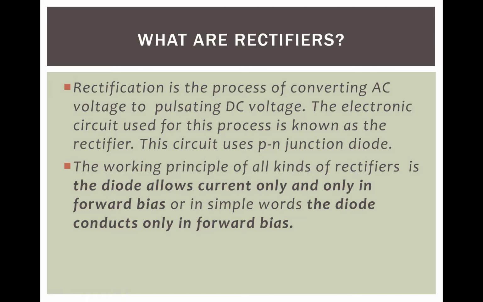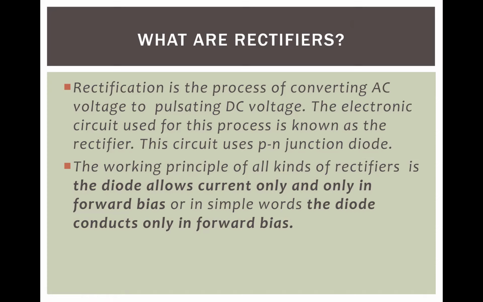Coming to rectification, in this slide we see that rectification is nothing but the process of converting AC voltage into pulsating DC voltage. The main component used here is the PN junction diode. The PN junction diode plays a key role here.